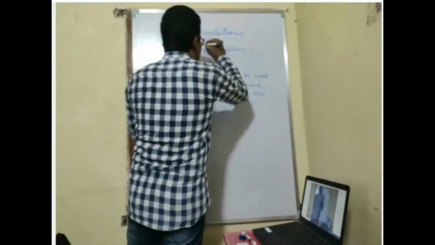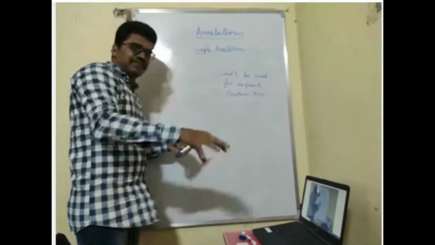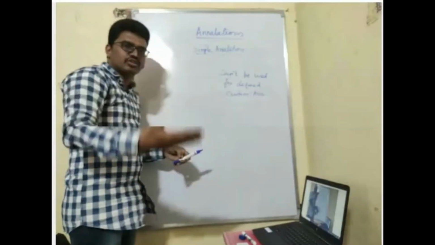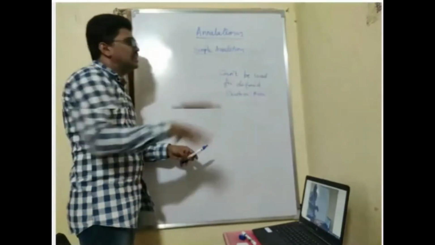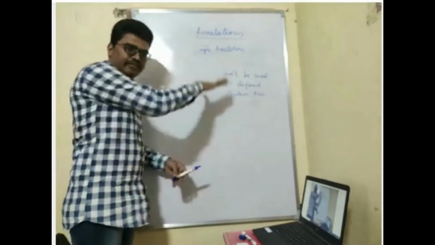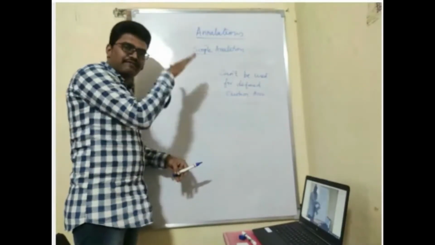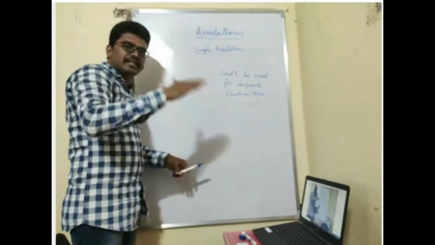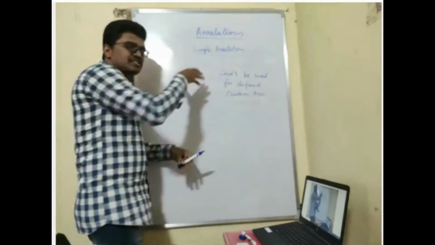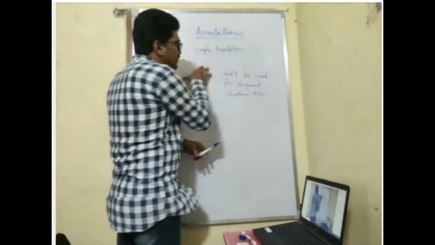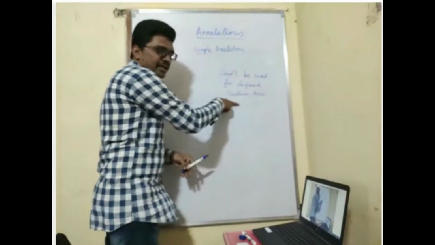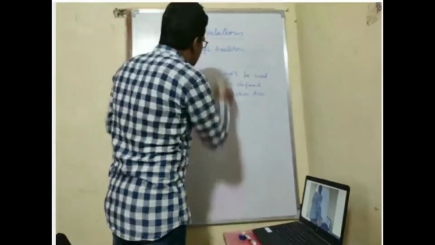So you can use them in your program, but they cannot be further used to define your own annotations. Predefined annotations are there in Java, and in addition to that, you can define your own annotations.